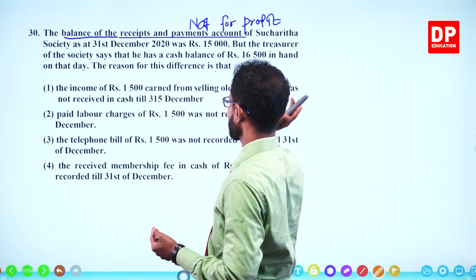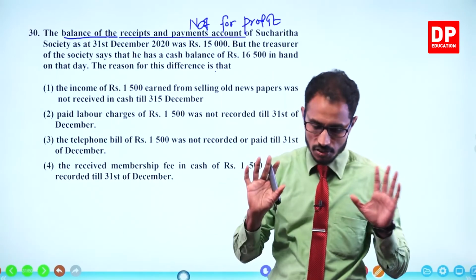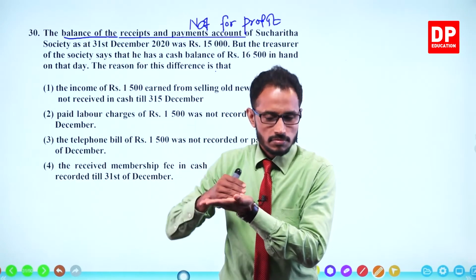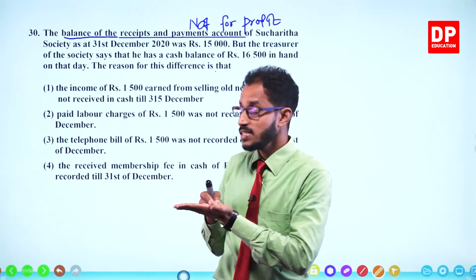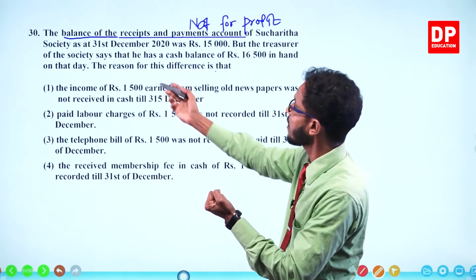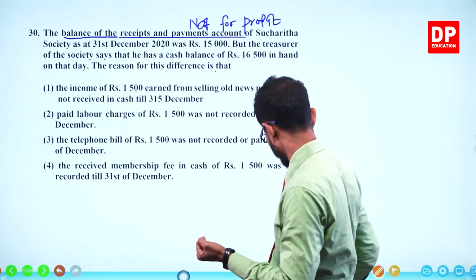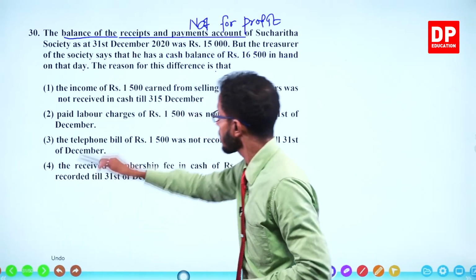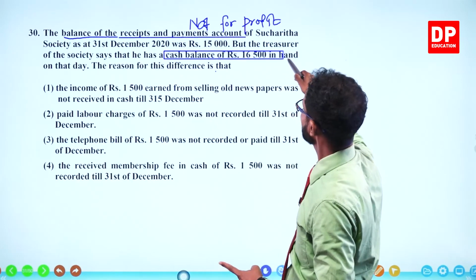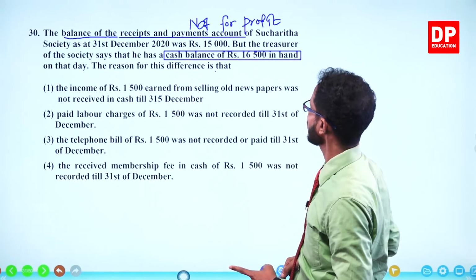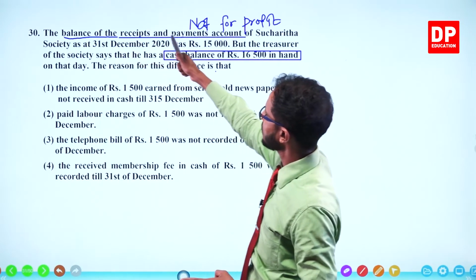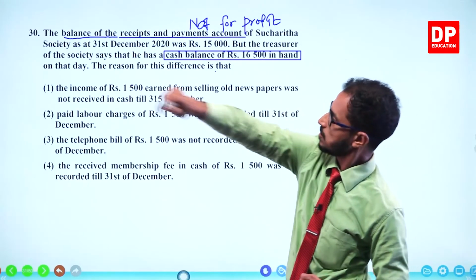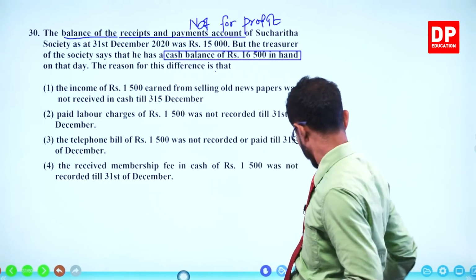The reason for this difference: the treasurer is the person who handles cash in a non-profit organization. He says he has a cash balance of 16,500 in hand, but the balance of the receipts and payments account is 15,000.